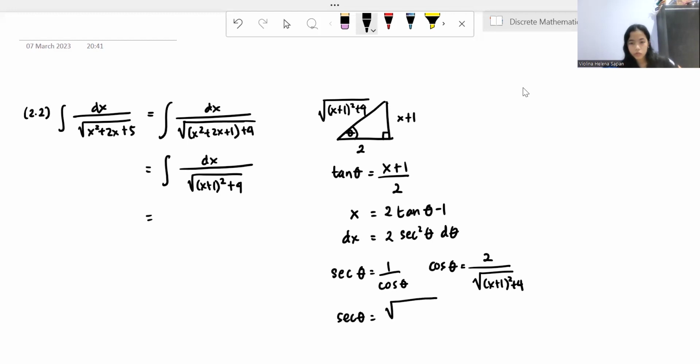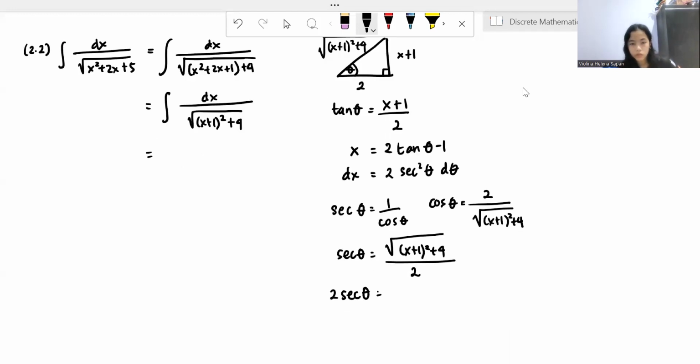So we get this equation. We can just multiply the secant theta by 2. We get this. Okay, next, we can substitute in for dx and this equation. And we can simplify.